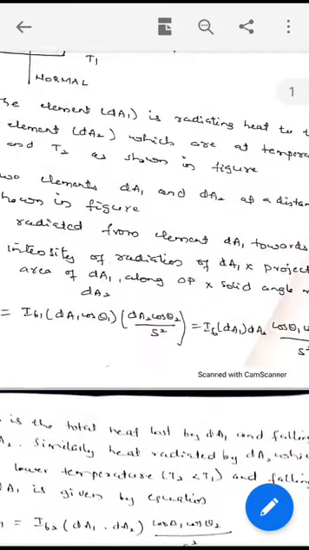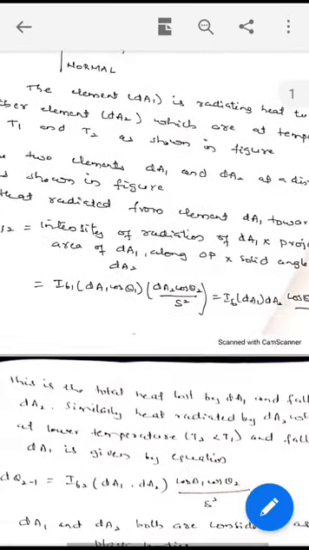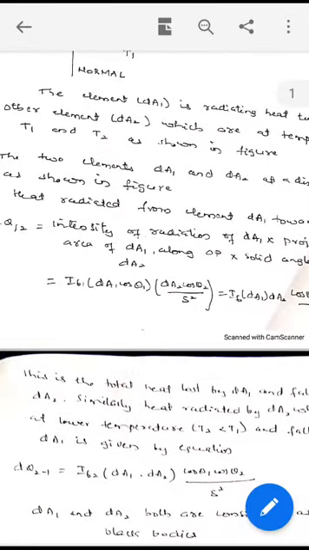Similarly, the amount of energy emitted by 2 that will fall on 1, that is dQ21, is obtained in a similar way: the intensity of radiation of dA2 into the projected area of dA2 into the solid angle made by dA1 at 2.